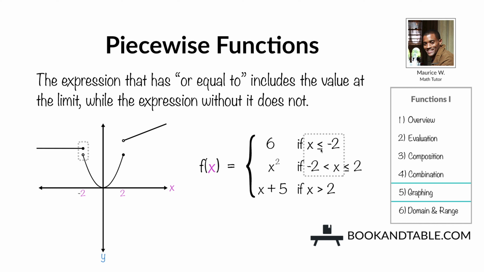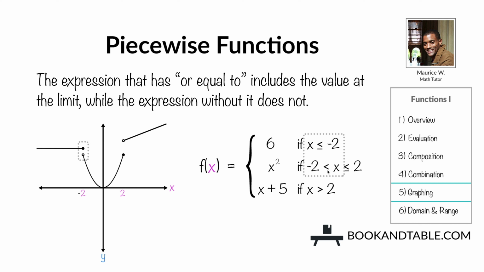So since x can equal negative 2, the first interval has a circle that's filled in, but the second interval is empty since x is greater than negative 2, but not equal to negative 2. Only one of them can have this equal sign.